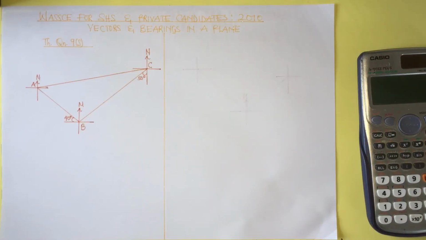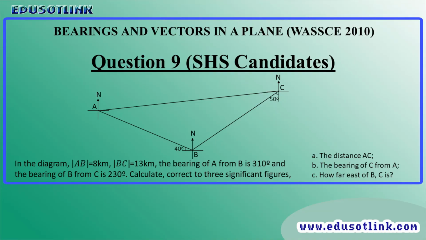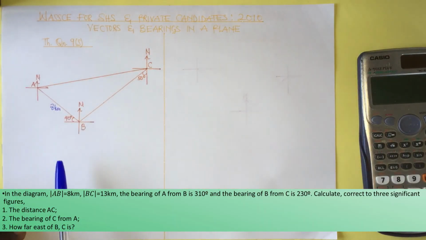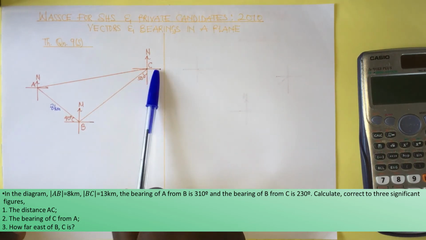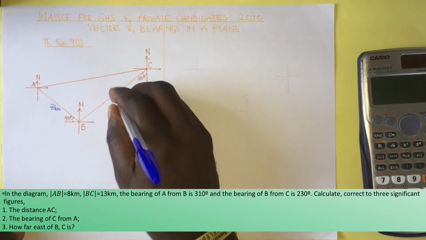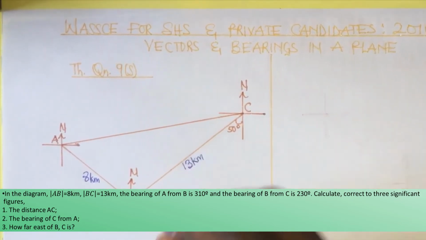Theory question 9 for SHS candidates. In the diagram, AB equals 8 kilometers. So let me have it written, 8 kilometers. BC equals 13 kilometers. All right.